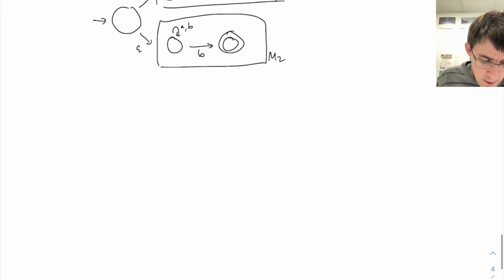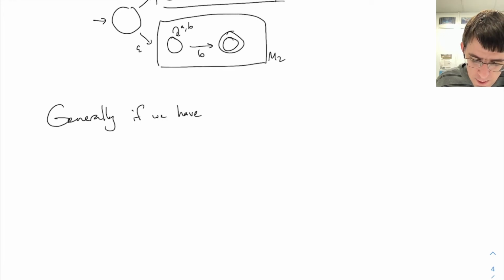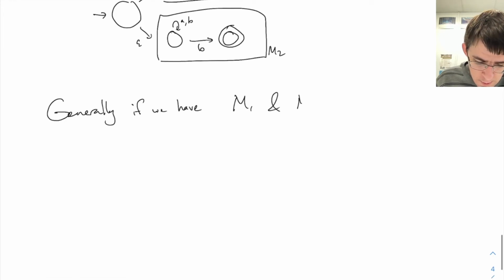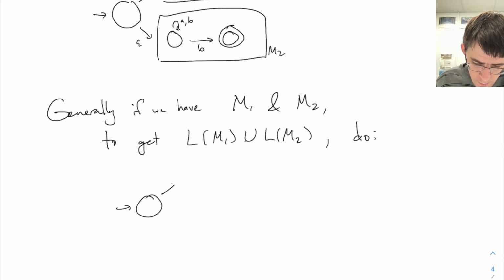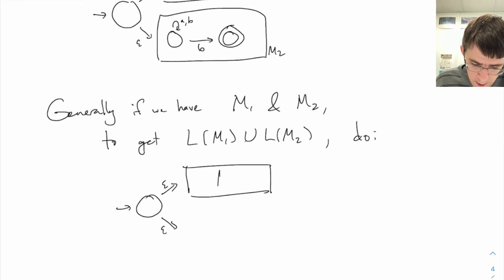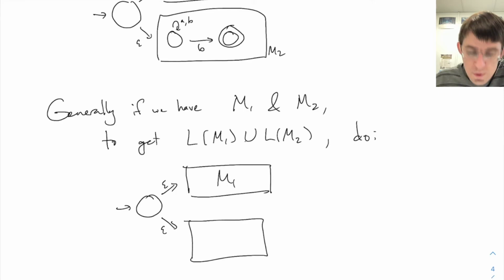So generally speaking, if we have two machines, M1 and M2, it doesn't matter what they look like. To get the language of M1 union the language of M2, you start with some starting state, do two epsilon transitions, and plug into M1 here and M2 here.